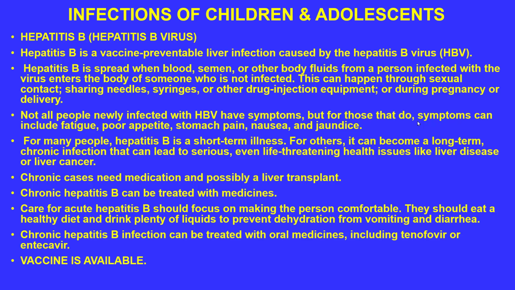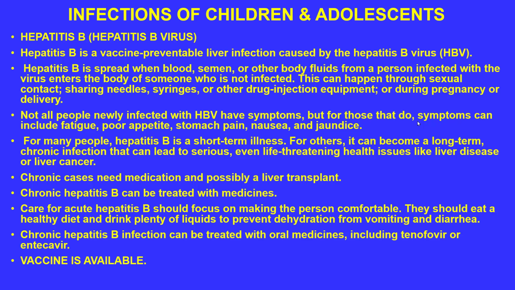Care for acute hepatitis B should focus on making the person comfortable. They should eat a healthy diet and drink plenty of liquids to prevent dehydration from vomiting and diarrhea. Also, chronic Hep B infection can be treated with several oral medicines, tenofovir and entecavir.